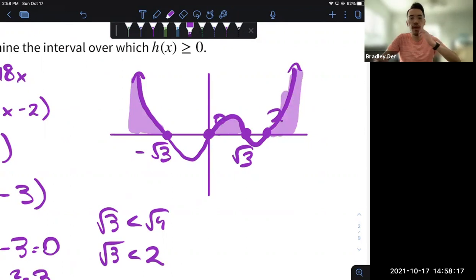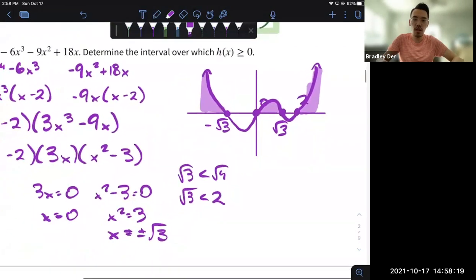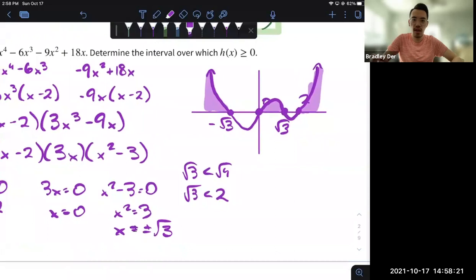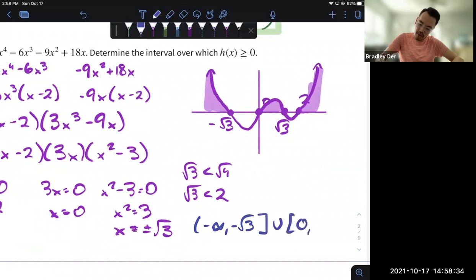And so here we have our positive y values, and I will include those intercepts because y would be equal to 0 at those points. So negative infinity to negative root 3 inclusive, union, inclusive 0 to root 3 inclusive, union, 2 inclusive to infinity.